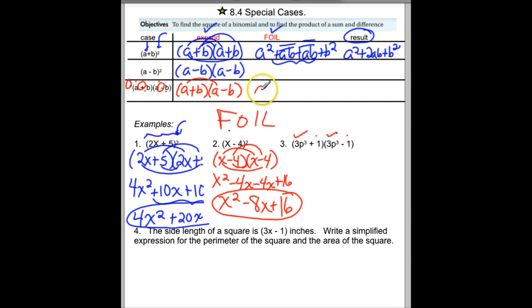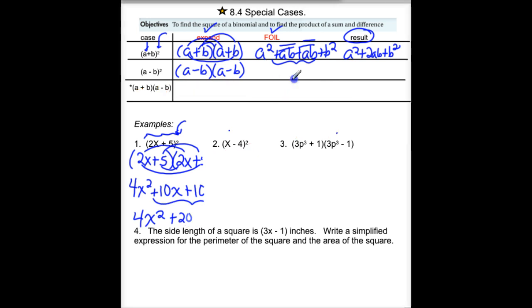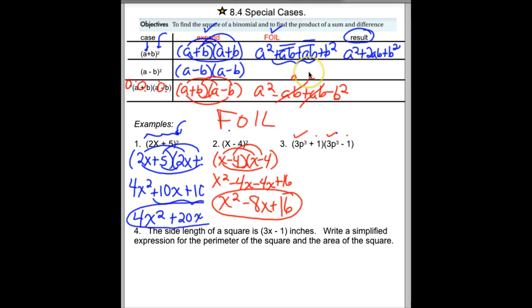So we do firsts, outsides, insides, and then we do our lasts. But in this case, these are opposites, so they cancel out. So the outside and the insides cancel because they're opposites. And what that gives us is a squared minus b squared. Again, though, if you don't recognize that and you just FOIL, you're going to get the right answer.